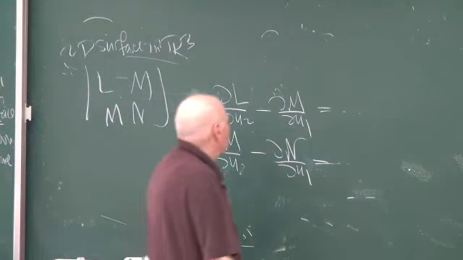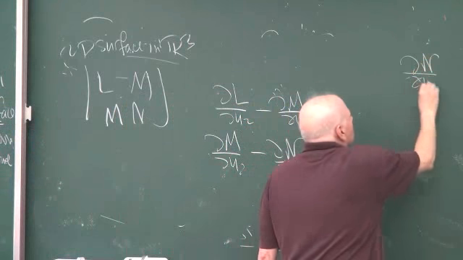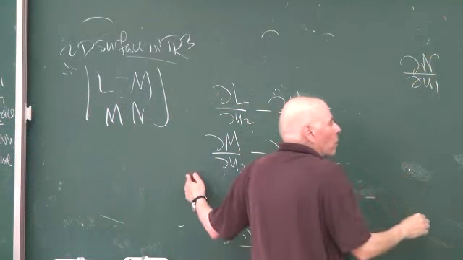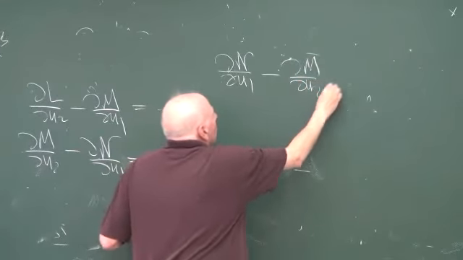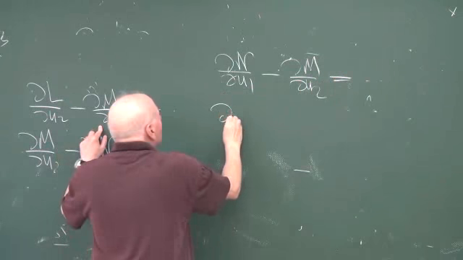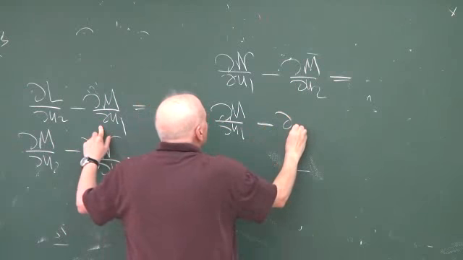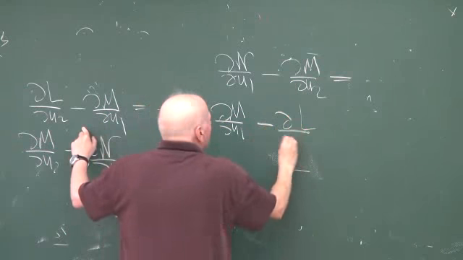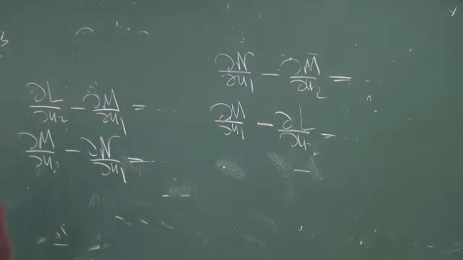Okay, so let's rewrite this just trivially. I'm moving this one over here. And the partial of the other one is M with respect to u1 minus the partial of L with respect to u2. And I move that one over there. Okay, so the same thing. And now I'll erase here.